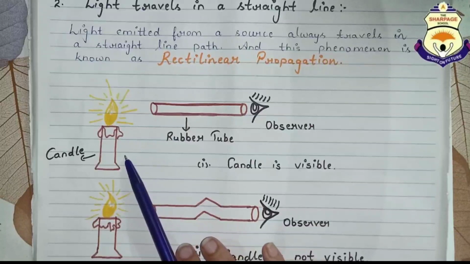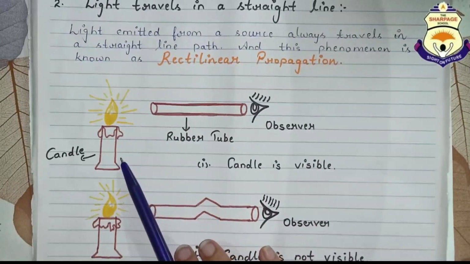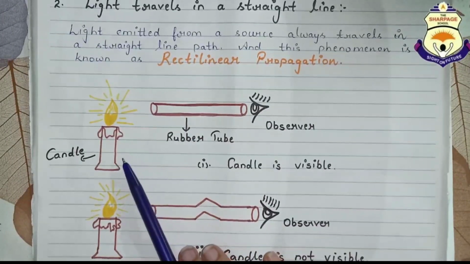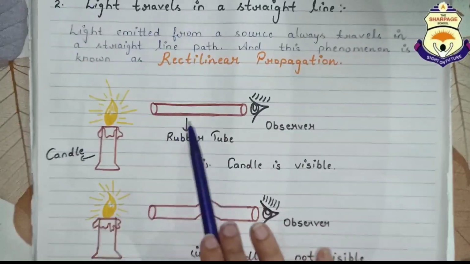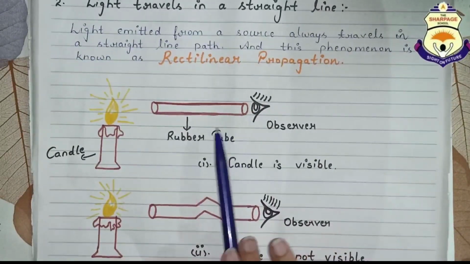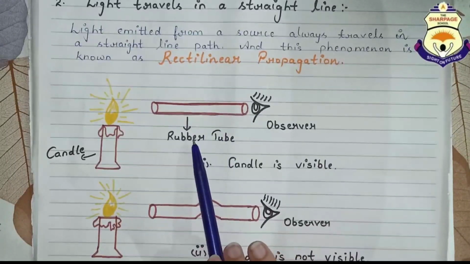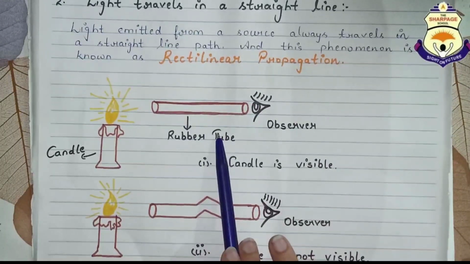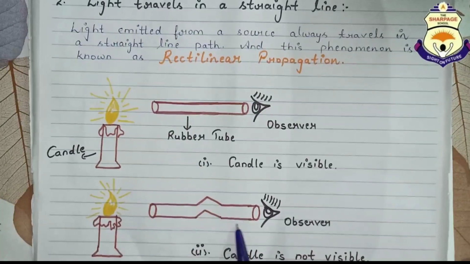We take a burning candle in a dark room. If we look at the candle through a tube, the candle is visible because the light is traveling in a straight line. But if we use a tube which is bent at the middle, students, can you see the candle now?